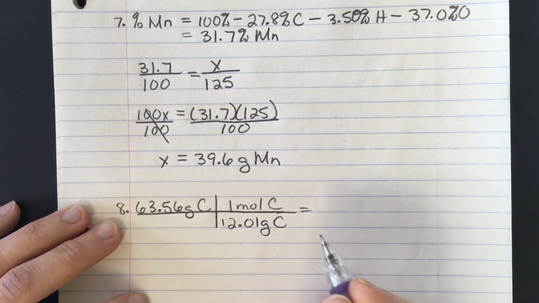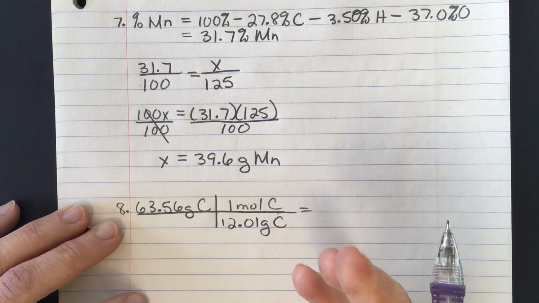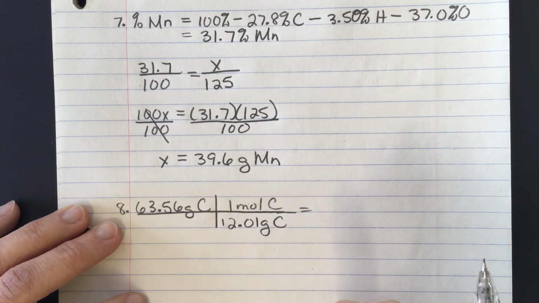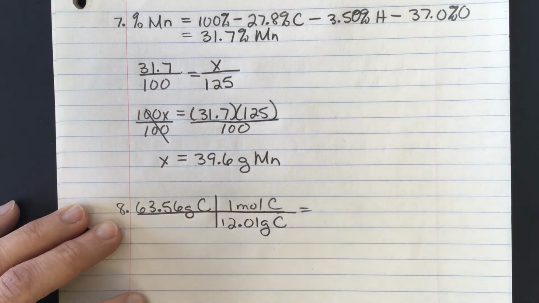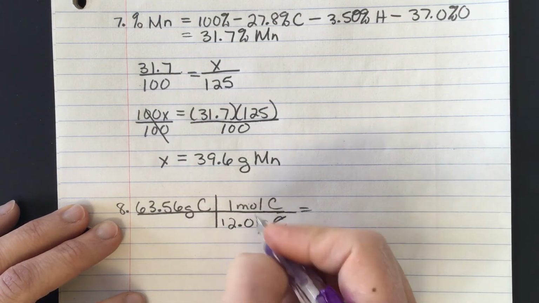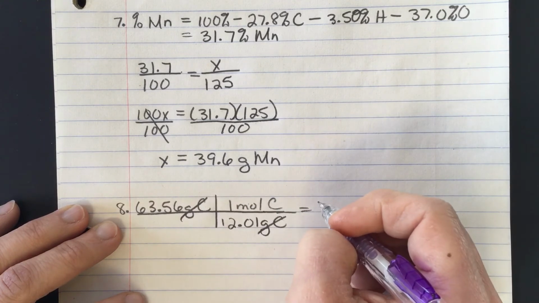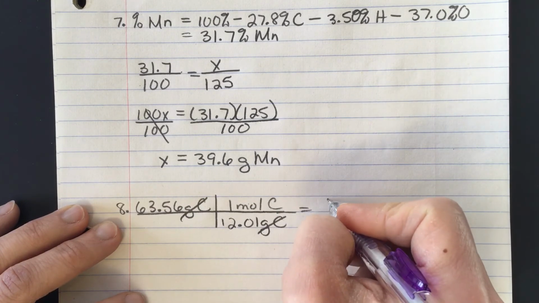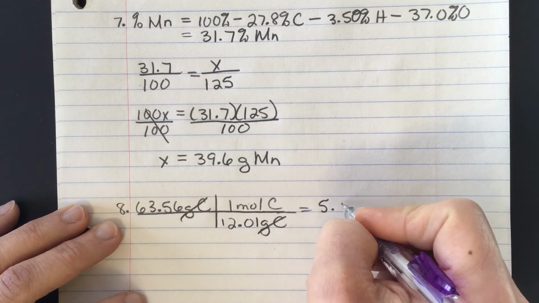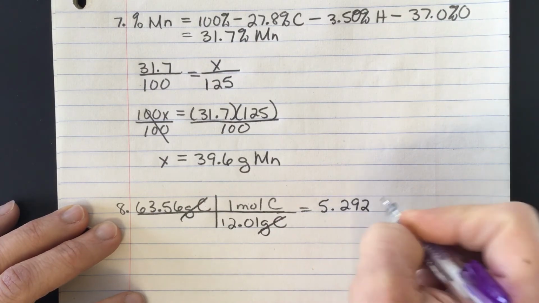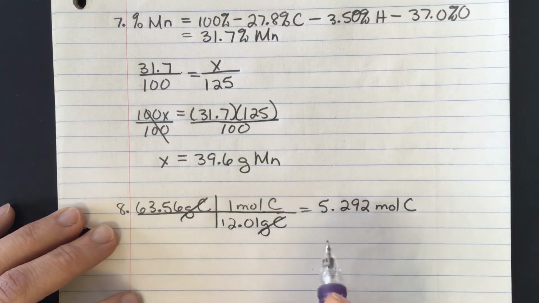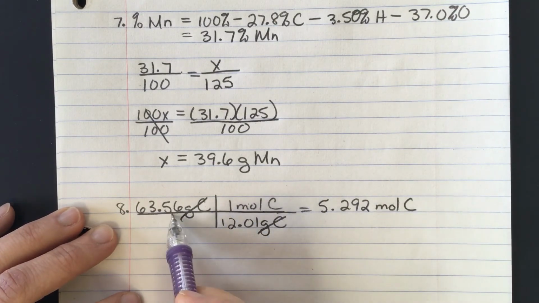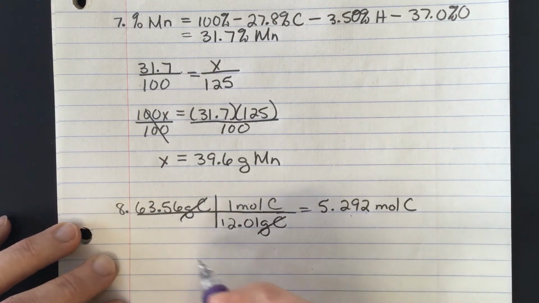And I'm converting to moles because in my formulas, the subscripts can stand for moles. They stand for either number of atoms or number of moles. So that's why I'm converting to moles. And so when I do that division, I get 5.292 moles of carbon. Now remember, 4 significant digits.